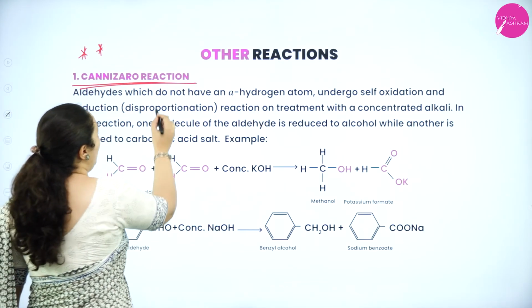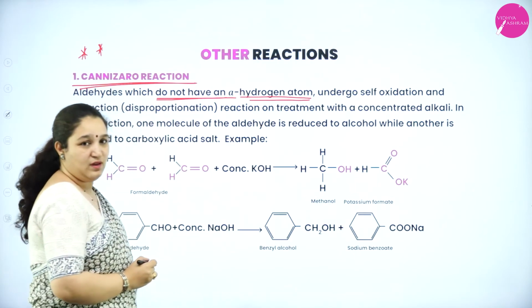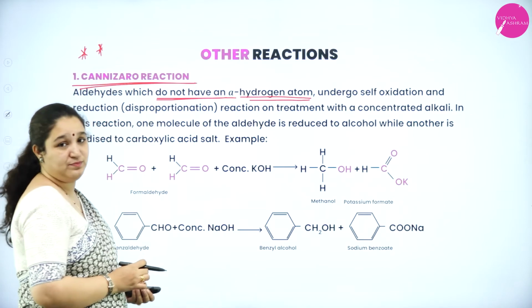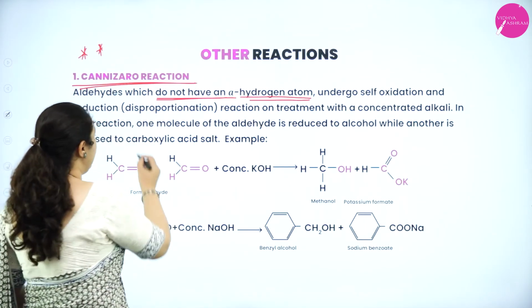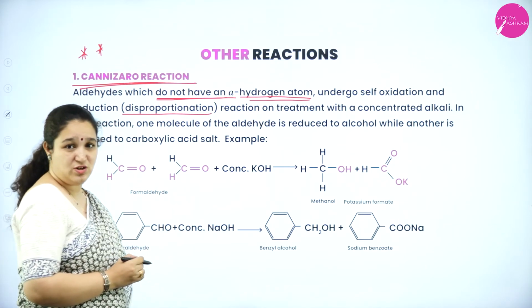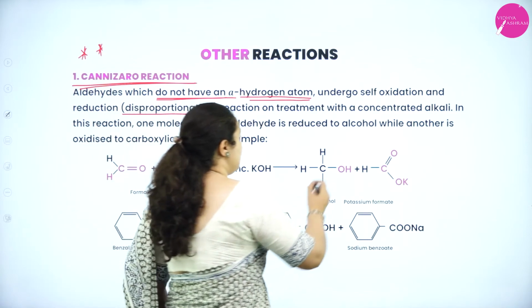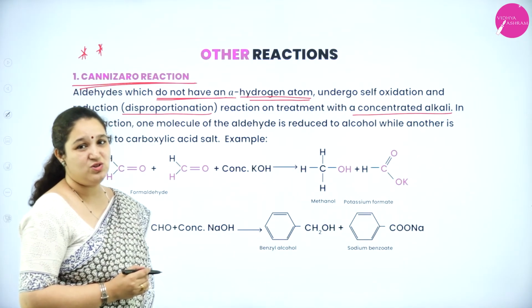Aldehydes which do not have an alpha hydrogen atom undergo self-oxidation and reduction. Oxidation and reduction reactions together, if it happens, we call it a disproportionation reaction. Correct? In the presence of concentrated alkali it is called the Cannizzaro reaction.